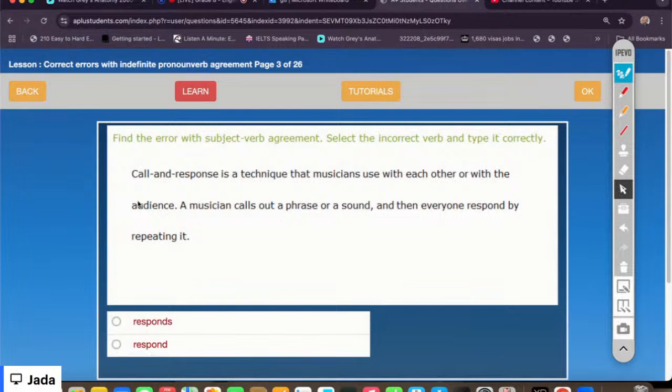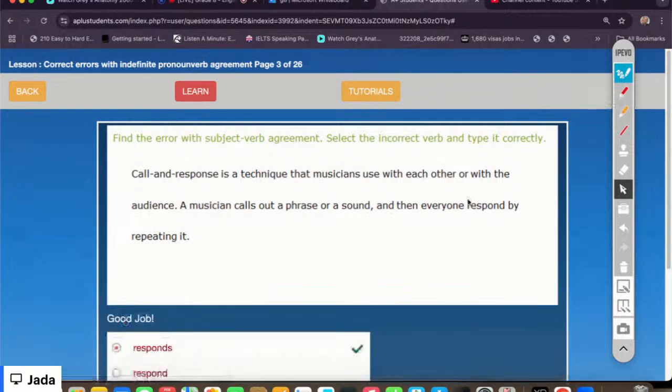Okay, so responds, because it has everyone also.